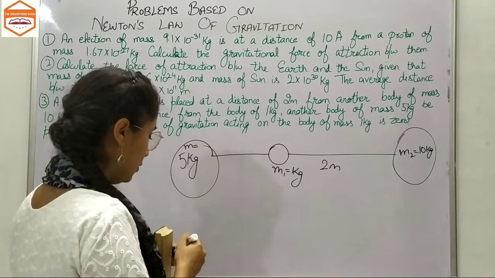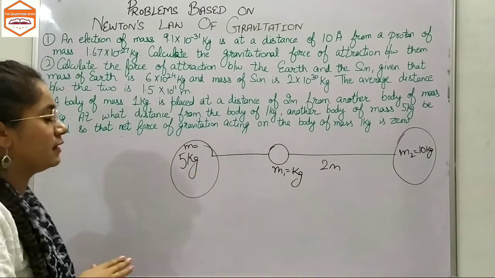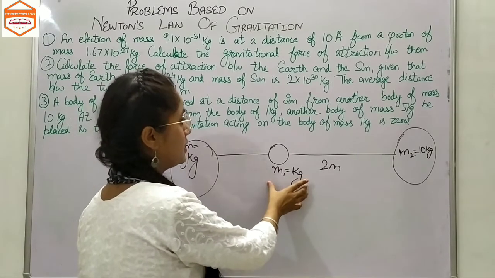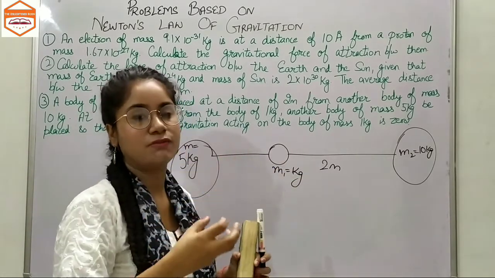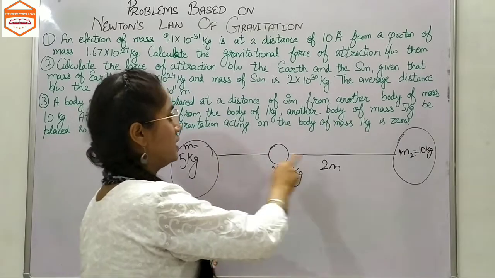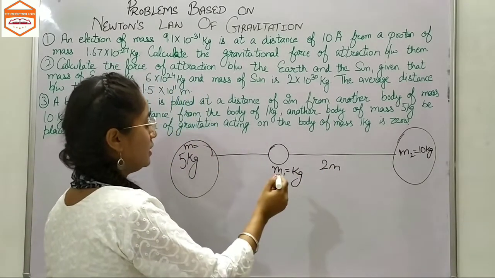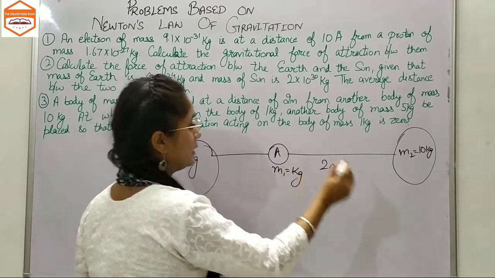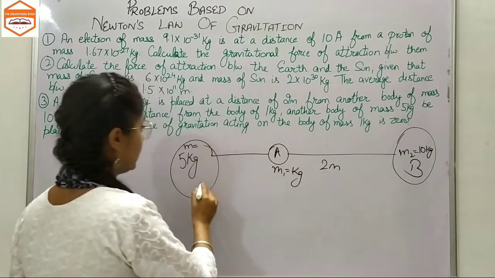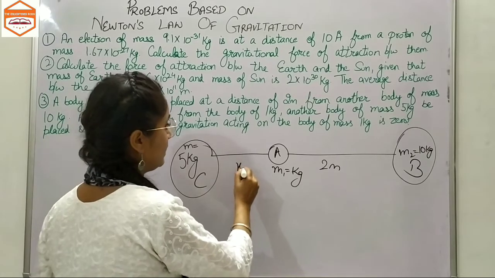Now you can see clearly that this mass is getting a force of attraction from this mass and this mass. Let us name this one A, this one B, and this one C. We have to find this distance.